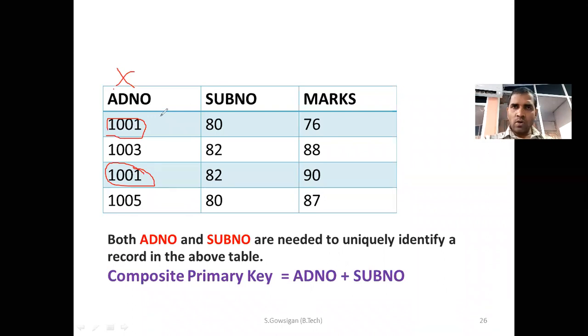Right, so now admission number is not. So let's check the other fields because you need a primary key in a table. Whenever you have a table, you definitely have to pick a primary key. Then only you can have some advantages. See, take a look at every individual. You have name, address, age, date of birth.